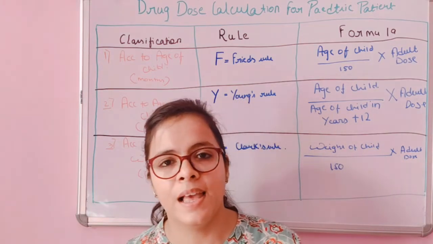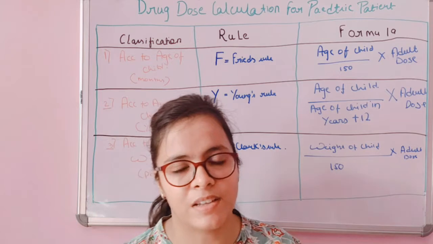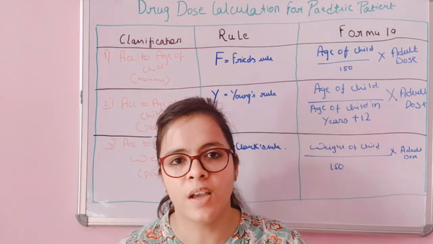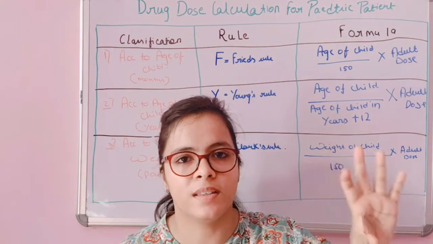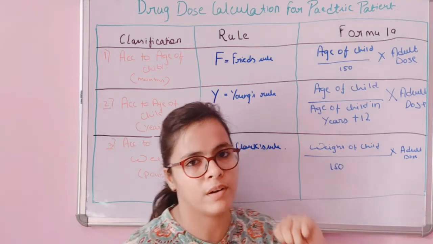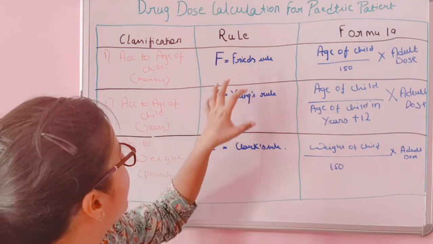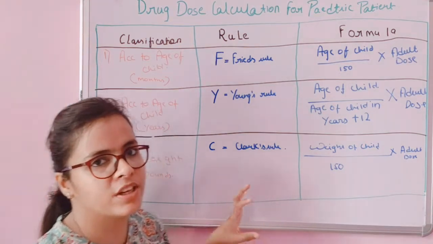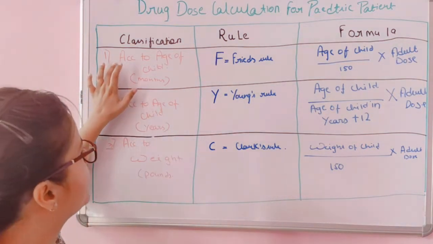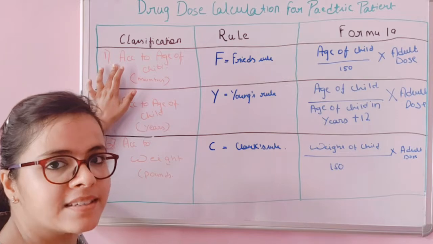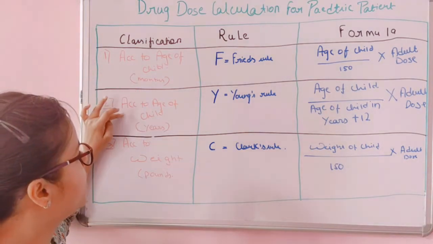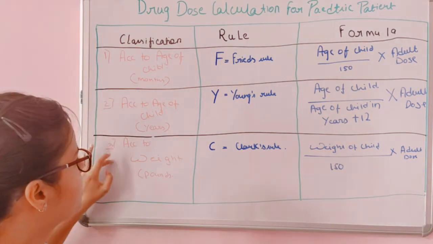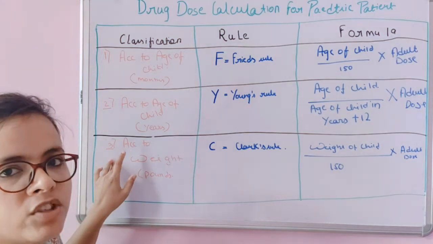So basically, let us first learn what are the various classifications, the various methods which decide what drug dose is to be given to children. As you see over here, I have mentioned 3 classifications. First is according to the age of the child in months. Then it is according to the age of the child in years, and third is according to the weight of the child in pounds.